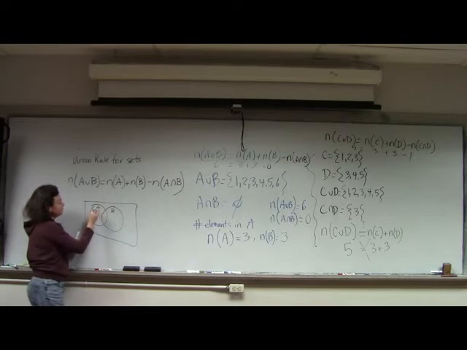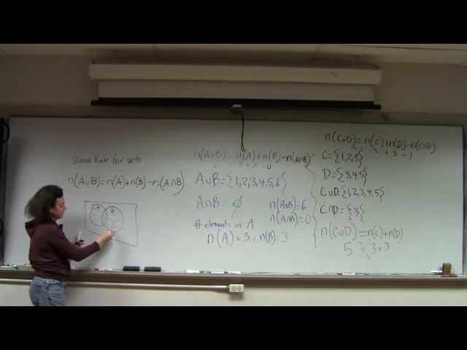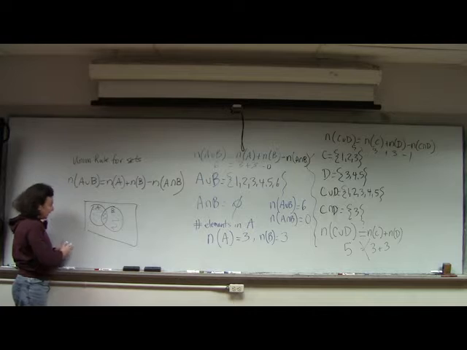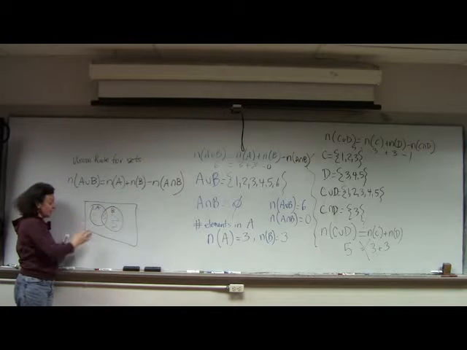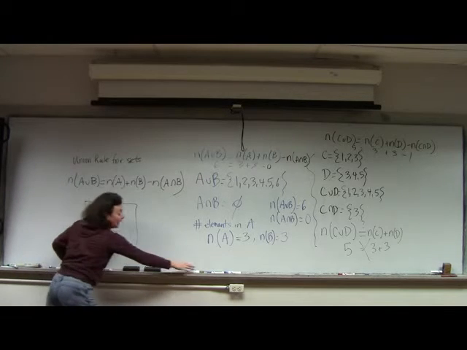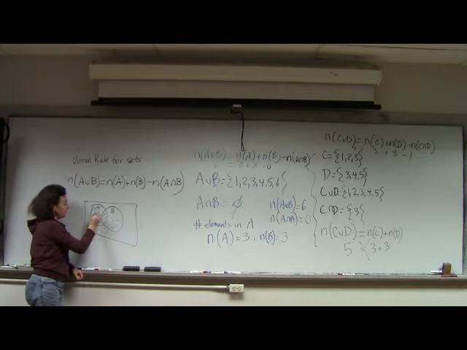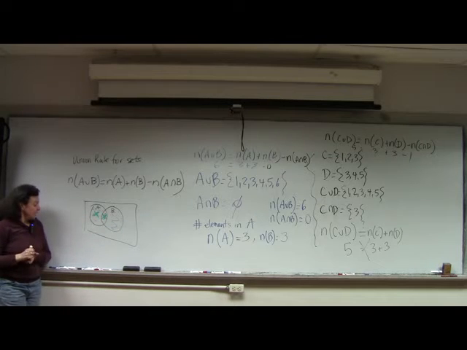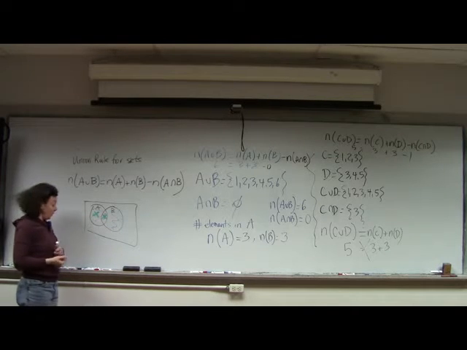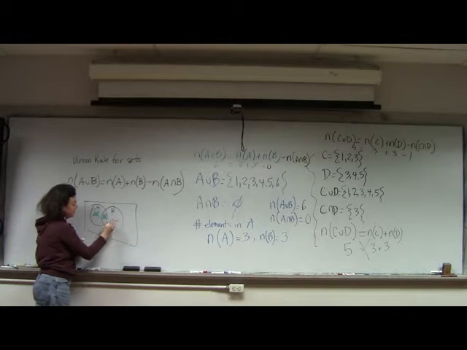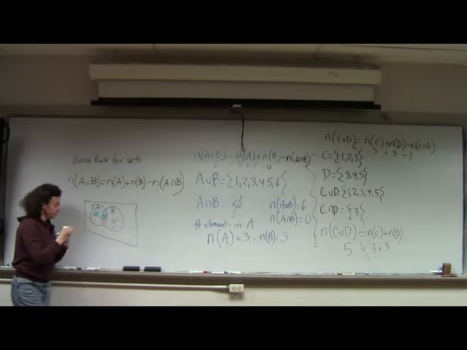So, A union B is all of this. If I want to know how many elements are in A union B, the first thing I would do is count the number of elements in A. That's this region and this region. And then I would add it to the number of elements in B, which is this region and that region.